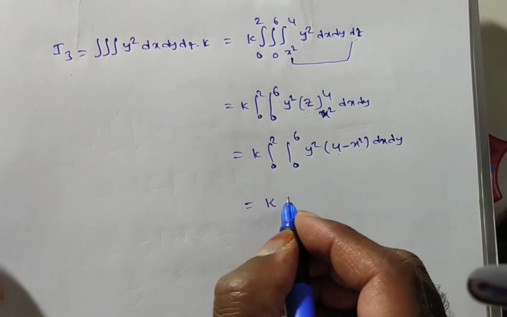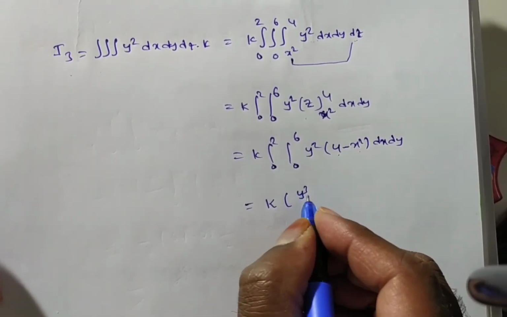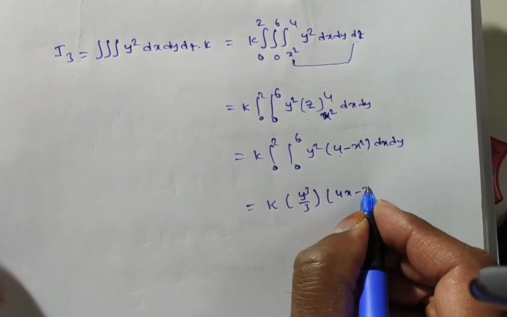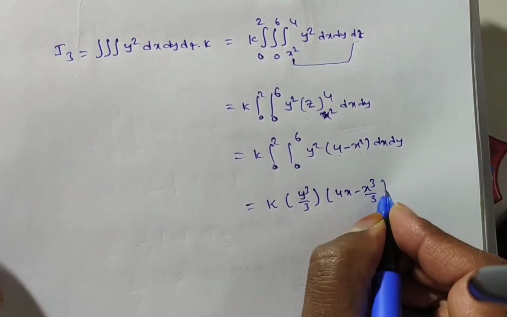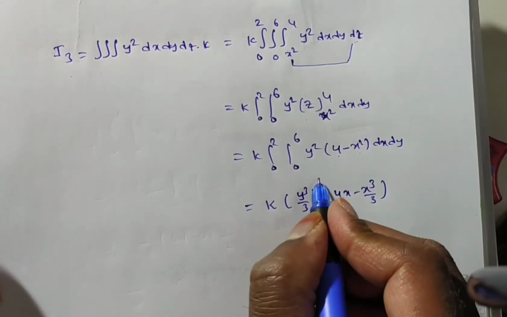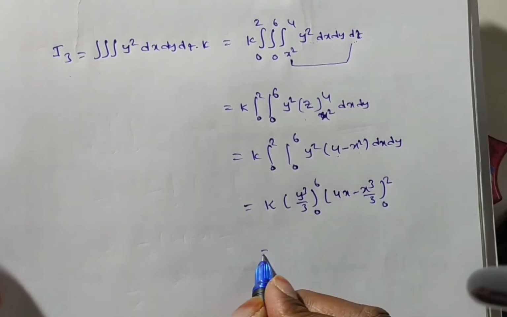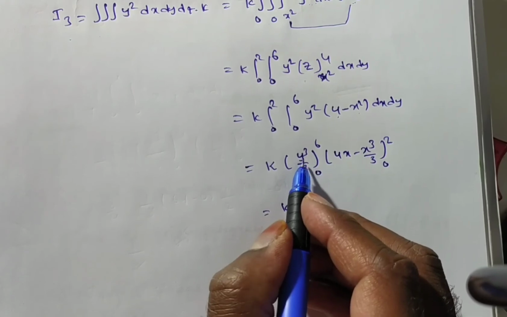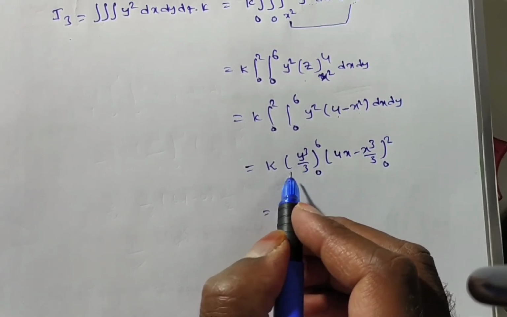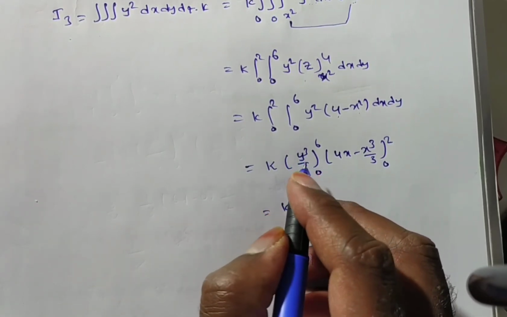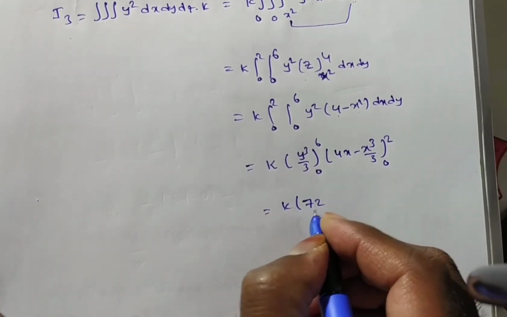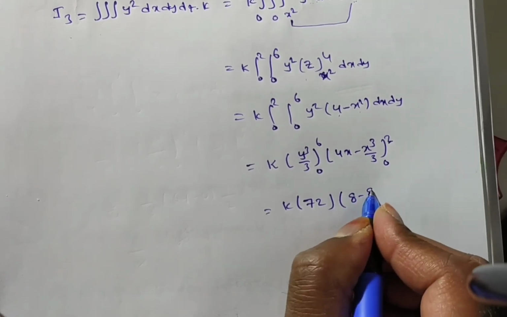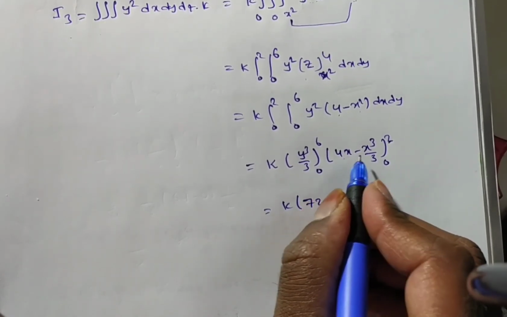So that is k into, first I am doing with respect to y, which is y cube by 3, next 4 integrated with respect to x gives 4x, then minus x cube by 3, that's it. Now the limits of y are 0 to 6 and the limits of x are 0 to 2. If you substitute, this is 6 into 6 into 6, so 3 1s are 3, 3 2s are 6, so 36 into 2 you will have 72. Now the upper limit, if you substitute, 8 minus 8 by 3, lower limit 0 minus 0.